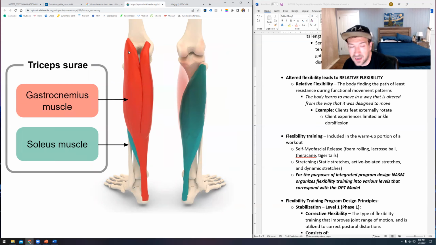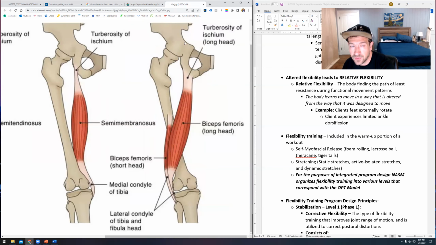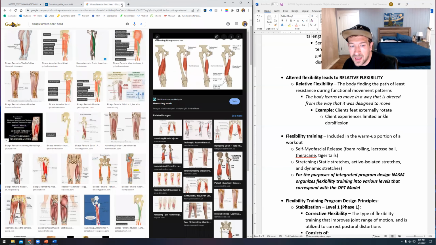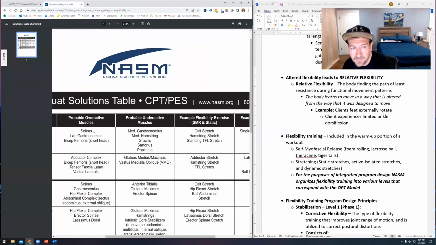You can't see it because it's covered up here, but this is the other leg. There's the fibula. So the lateral gastrocnemius would run up and grab right here. All that fascia in the back of the knee is connected. And when these muscles all get tight and start pulling, these two are really doing a lot of plantar flexion, right?